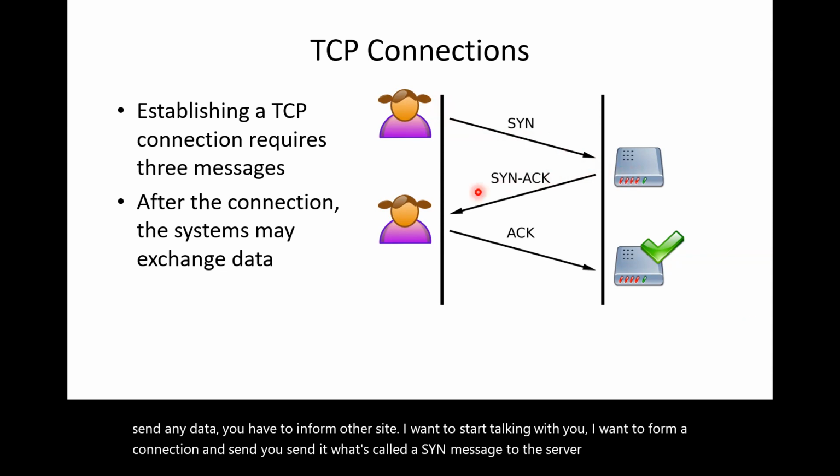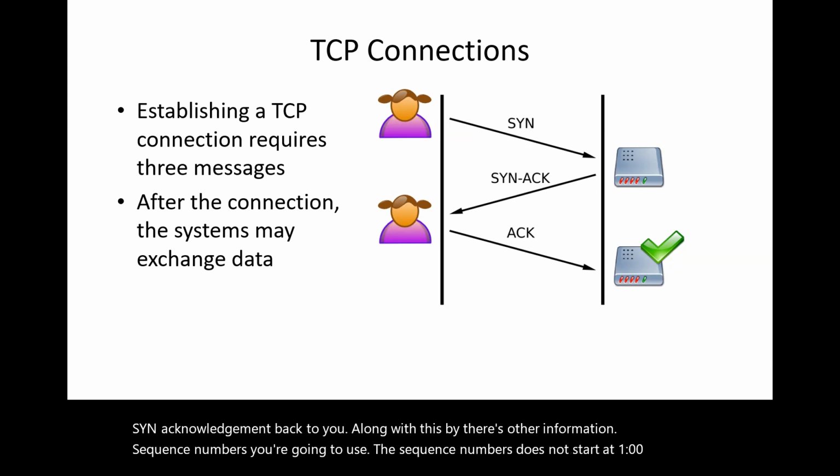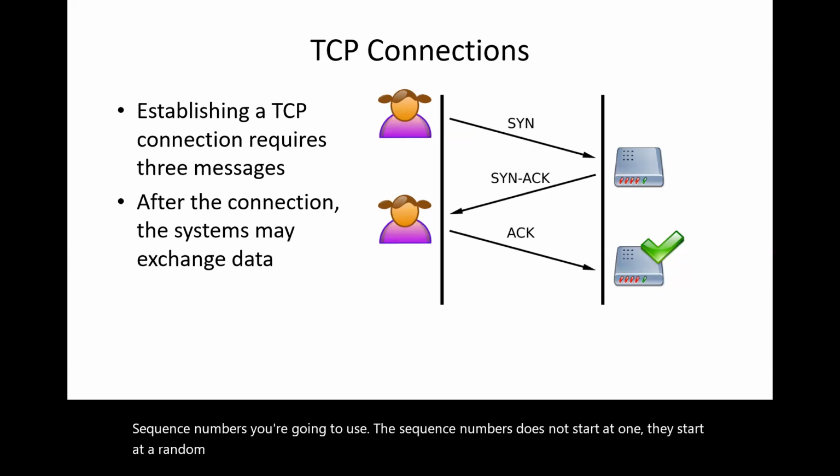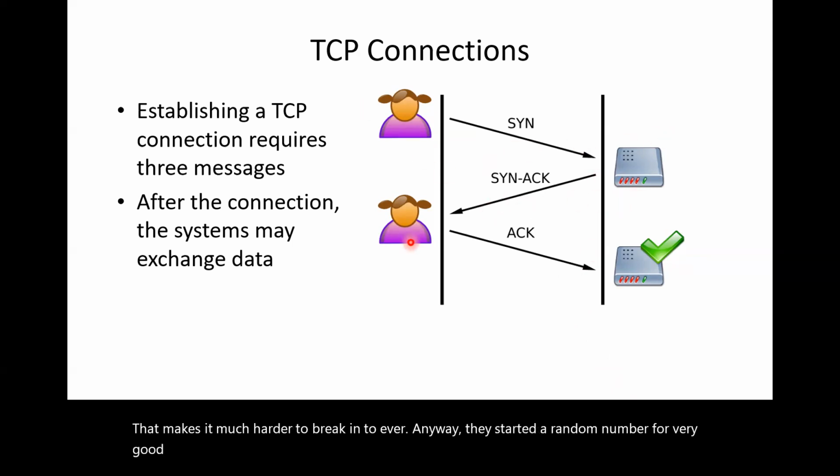The server sends a SYN acknowledgement back to you. Along with this, by the way, there's other information, like sequence numbers you're going to use. The sequence numbers do not start at 1. They start at a random number. That makes it much harder to break into. They start at a random number for very good reasons, and the server gives you what random number that's going to be, and then you acknowledge that you've got it.